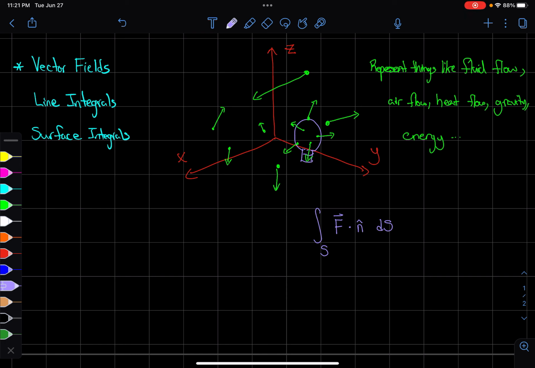You're adding up how much heat is going normal, passing through the surface of this light bulb, which is a really good thing to know.